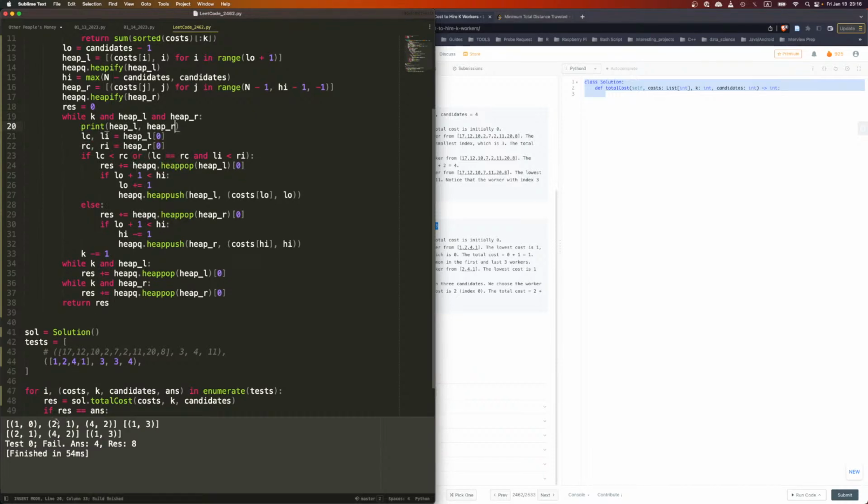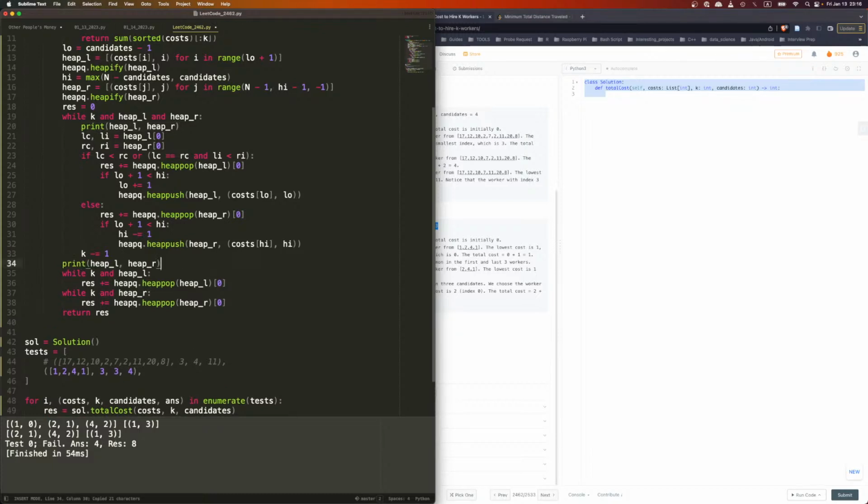Heap L, heap R. So the first one we pop this, and the second one pop this. That's 2. I pop this, and then coming out is this.